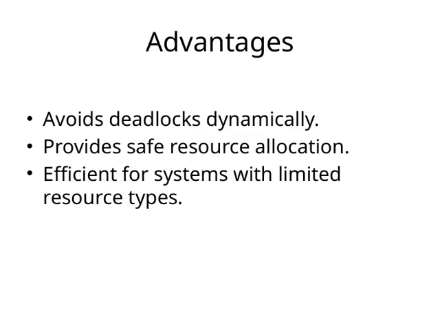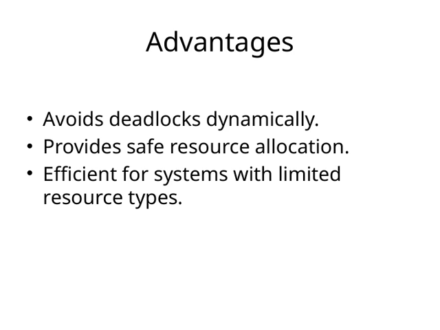Now, let's talk about some key advantages of this approach. First, it avoids deadlocks dynamically. That means the system can detect and prevent deadlocks as they happen, rather than relying solely on preset rules. This makes the system much more robust and adaptable in real time. Next, it provides safe resource allocation.